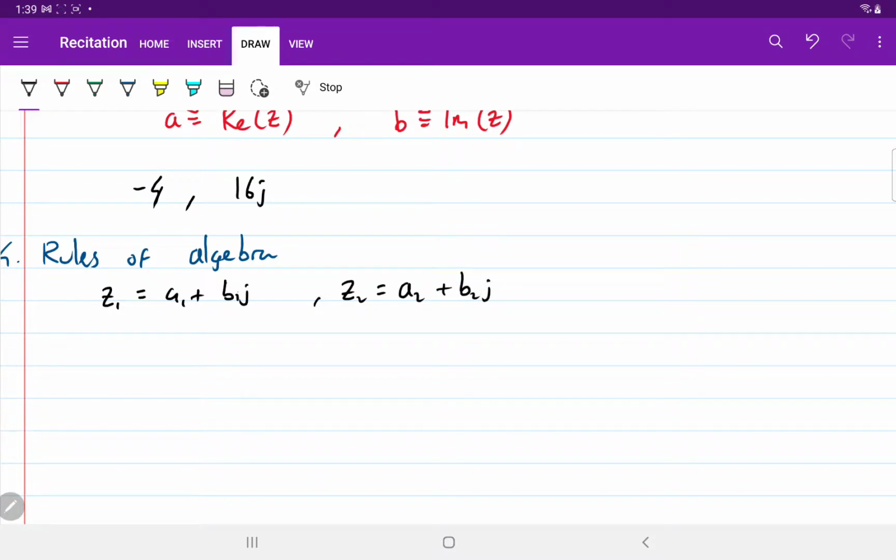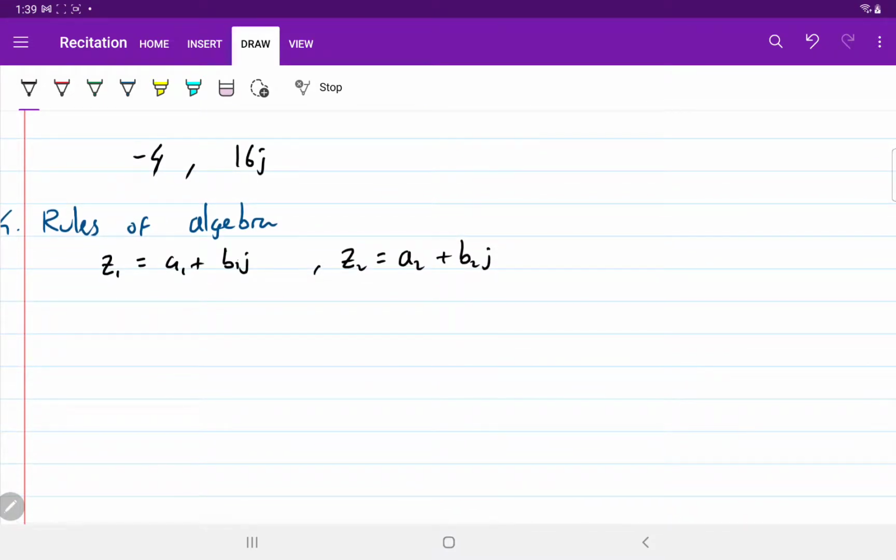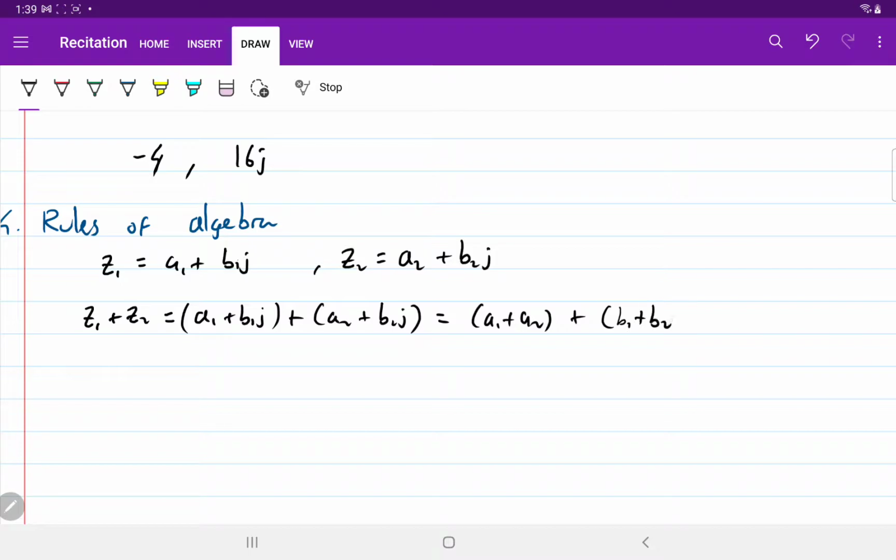Then what is the sum z1 plus z2? It is nothing but summing the real parts and imaginary parts: a1 plus b1j plus a2 plus b2j is just a1 plus a2 plus b1 plus b2 j.